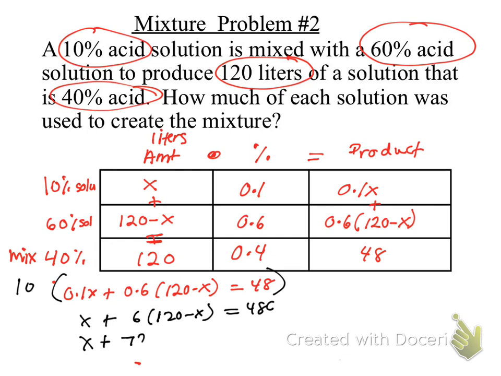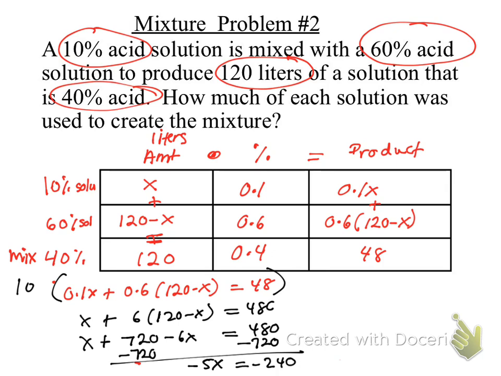That would be 720 minus 6x equals 480. I'm going to subtract 720, and we get negative 5x equals negative 240. Be careful not to subtract upside down. Divide by negative 5. And x equals 48.